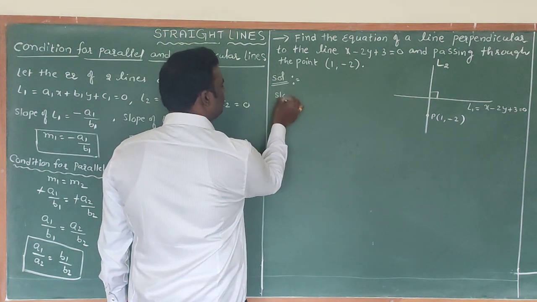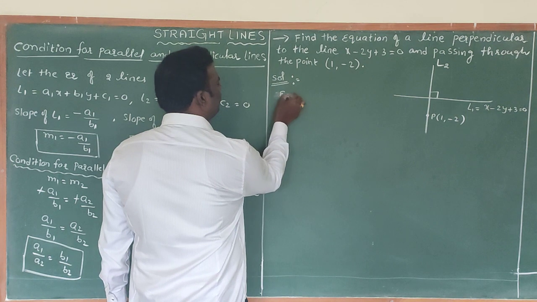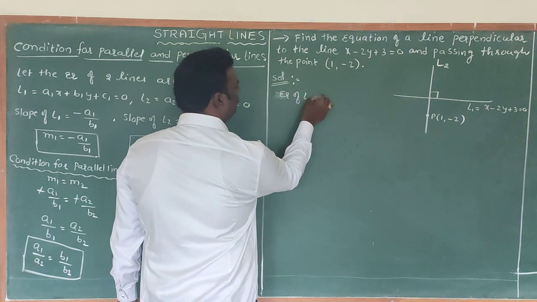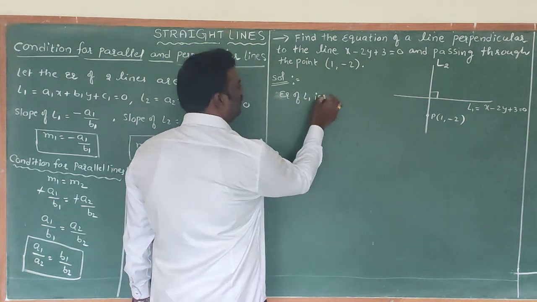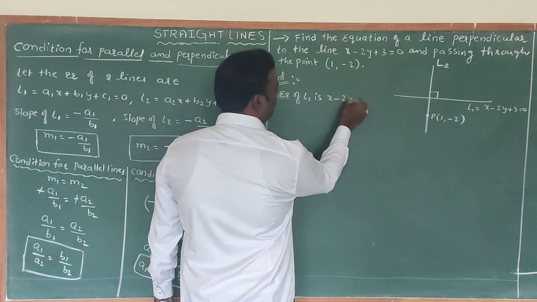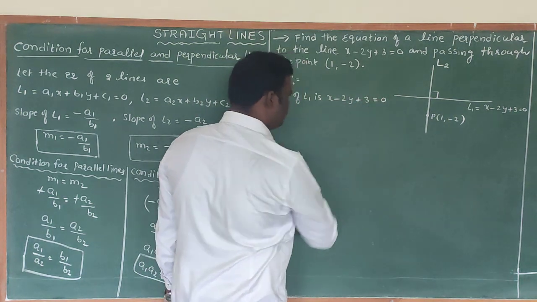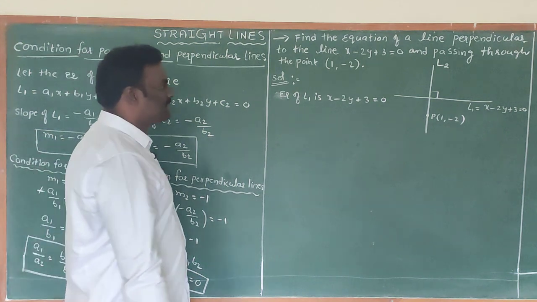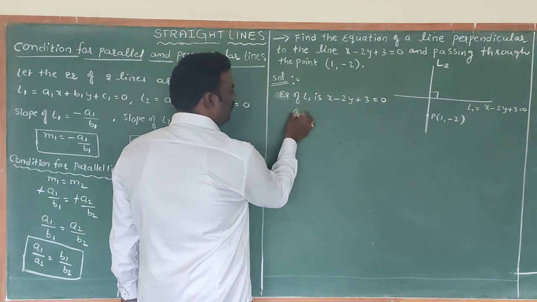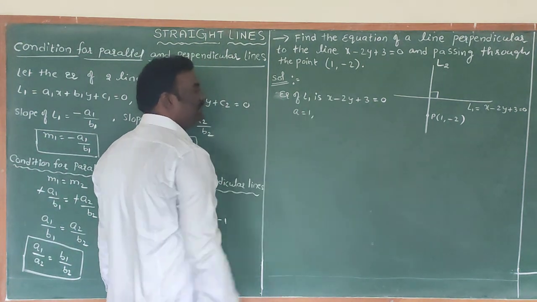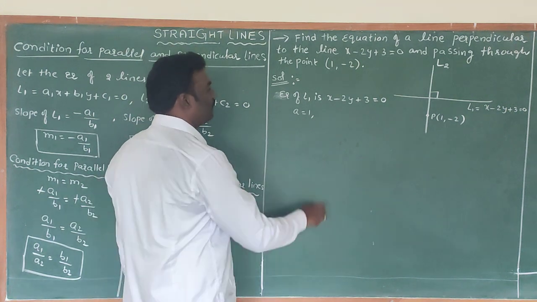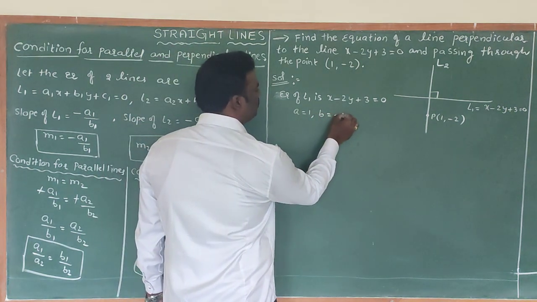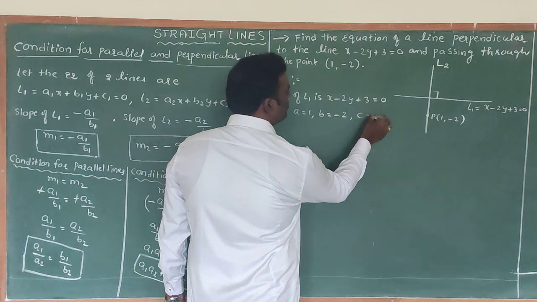I am finding the equation of L1, which is x minus 2y plus 3 equals to 0. From this line equation, a value is 1, a is nothing but the coefficient of x, b value is minus 2, c value is 3.